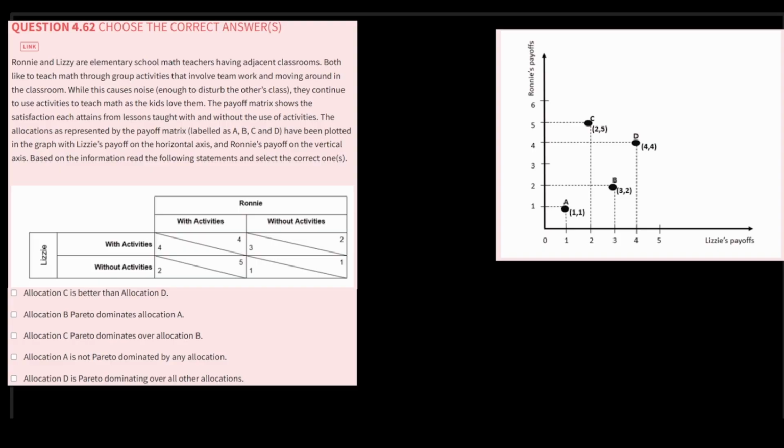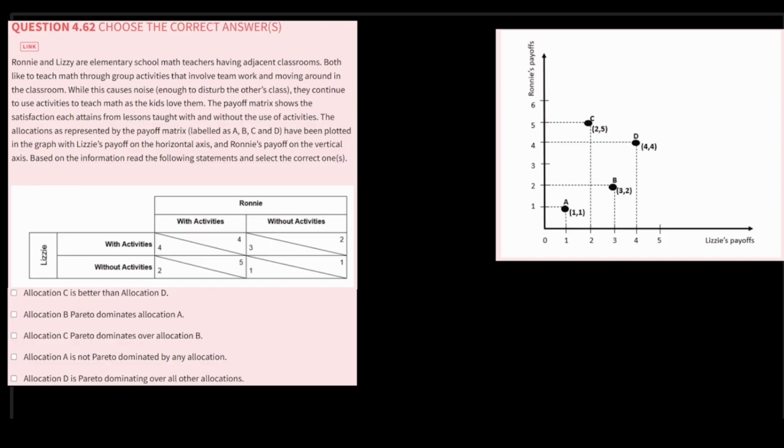The payoff matrix shows the satisfaction each attains from lessons taught, with and without the use of activities. The allocations represented in the payoff matrix, labeled A, B, C, and D, that is to the right there on the graph, have been plotted in the graph with Lizzie's payoff on the horizontal and Ronnie's on the vertical. Based on the information, which of the ones are correct?